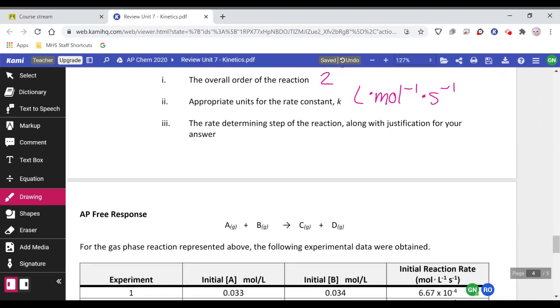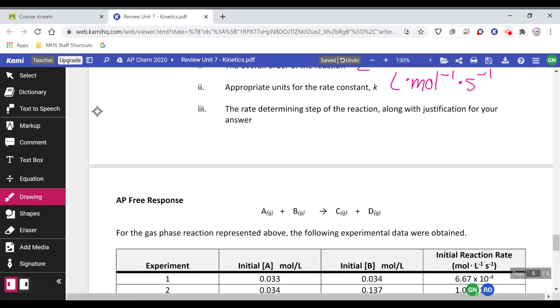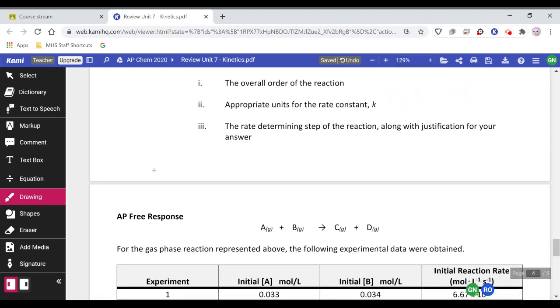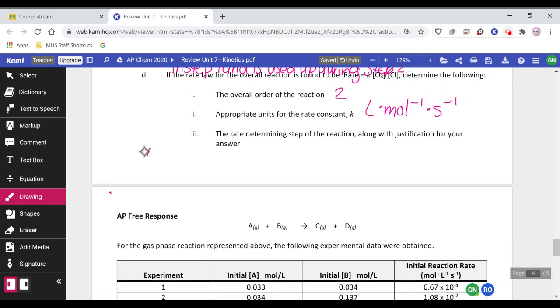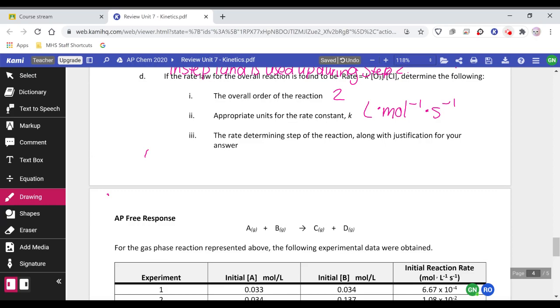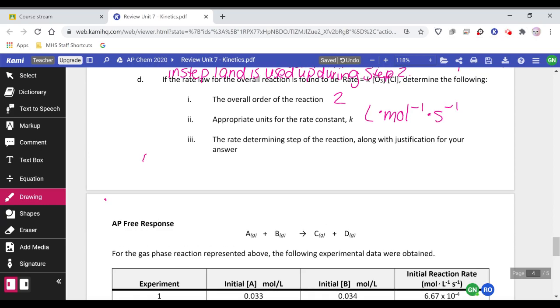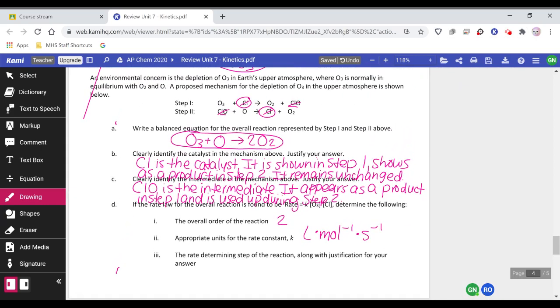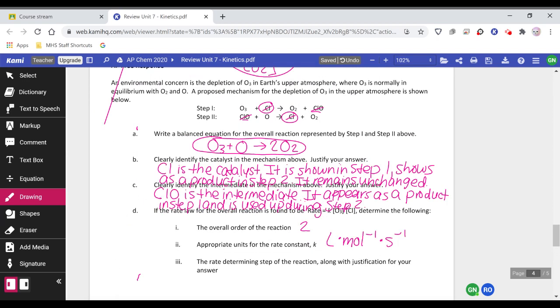Okay, the rate determining step of the reaction along with justification for your answer. Which step would we want to, okay, think, well, that's another mistake I'm seeing, y'all. They didn't label those reactions, did they? For step 1, they go ahead and put a slow next to step 1 and a fast for step 2.